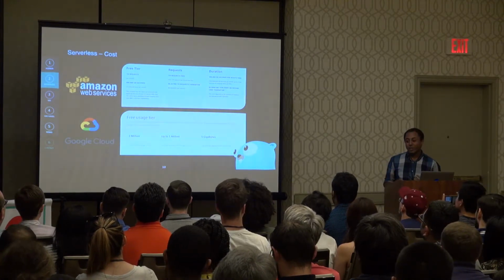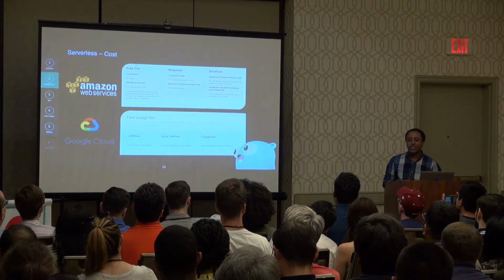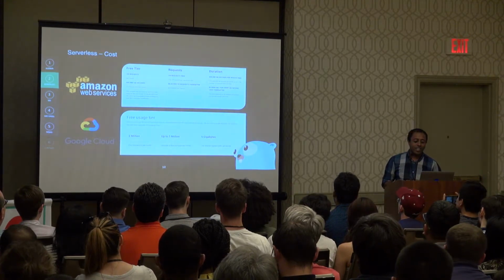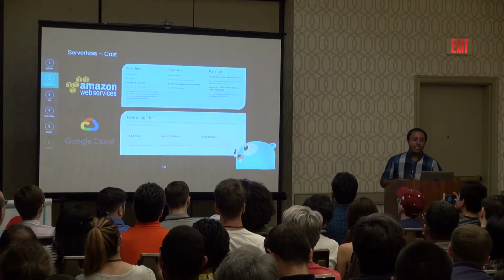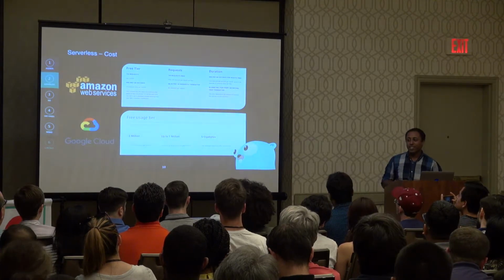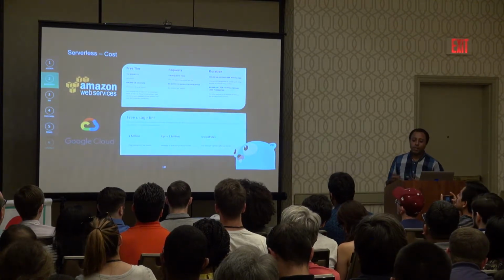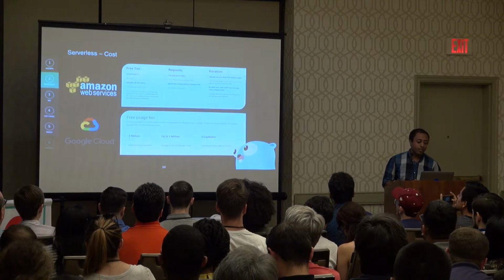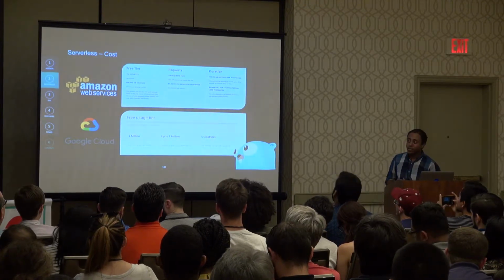You can run your whole application and never have any issues, especially if you're not an enterprise application. You can definitely run your whole application for free through Lambdas or Cloud Functions.